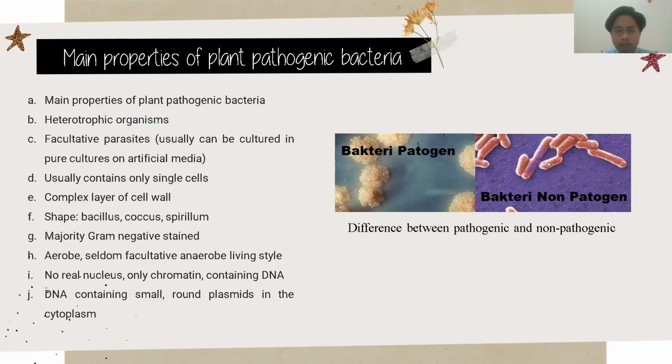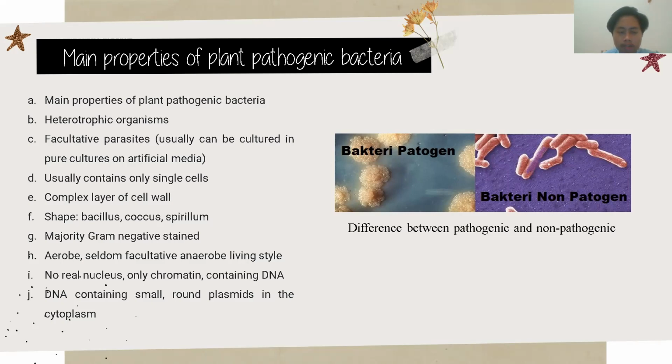Main properties of plant pathogenic bacteria. Heterotrophic organisms, facultative parasites that usually can be cultured in pure cultures on artificial media. Usually they contain only single cells, with a complex layer of cell wall.